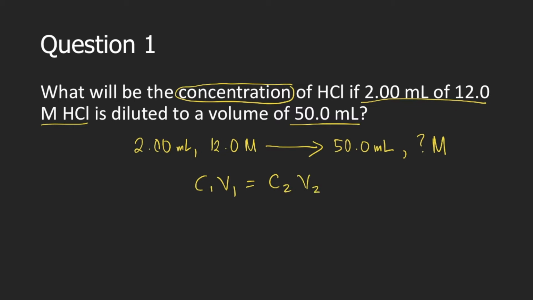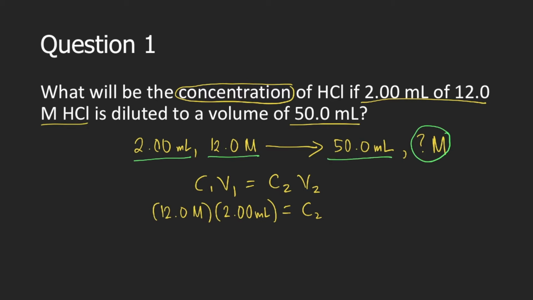C1 is the initial concentration, which is 12 molar. V1 is the initial volume, which is 2 ml. C2 is unknown, so just write C2. And V2 is the final volume, which is 50 ml.